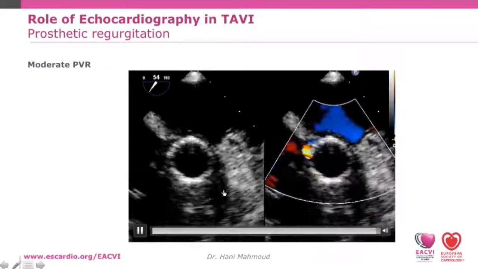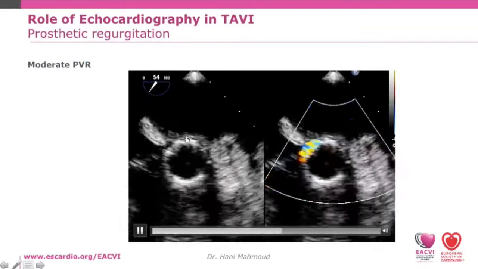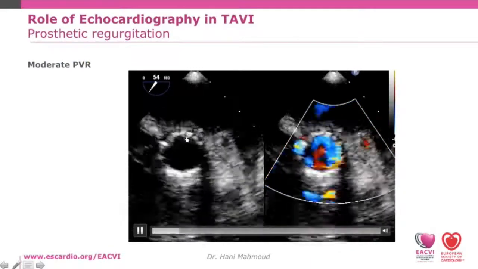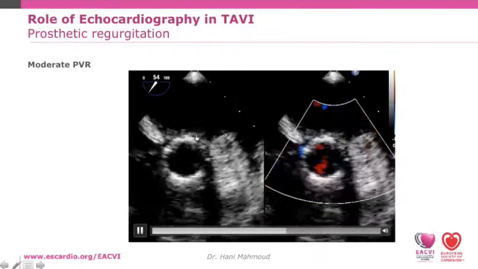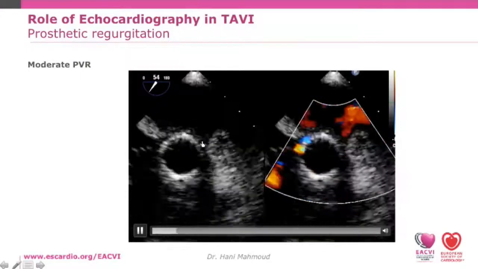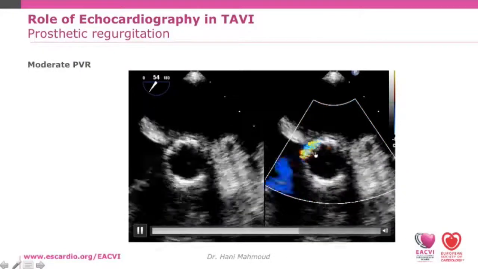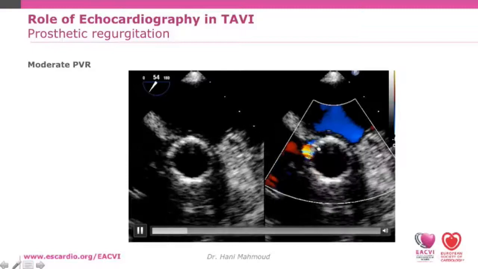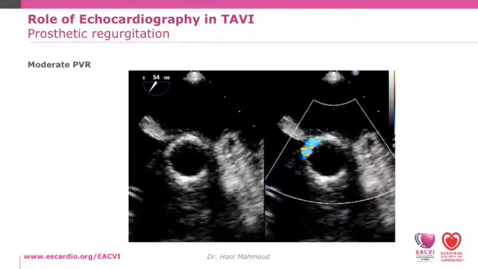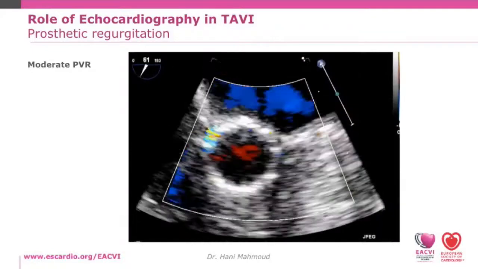Let's see some cases. We said 30%, so 1/4 of the circumference is 25%, so more than 1/4 can be considered severe. Here it is less than 1/4, about 20% or 25%. That means this patient has moderate paravalvular regurgitation.